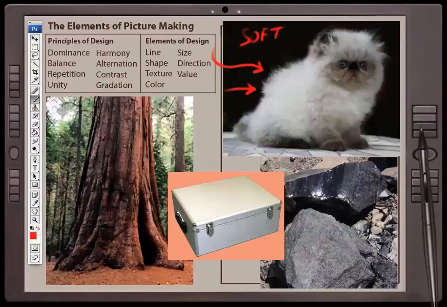Now, there's also hard texture, as seen here by these rocks. Then there is the rough texture seen here in the bark of the tree. And last is this smooth texture of this metal box.